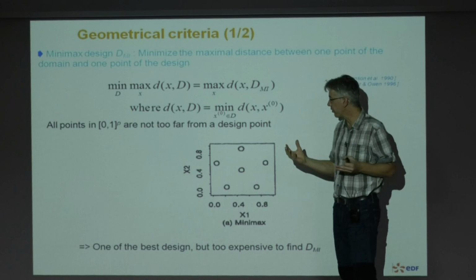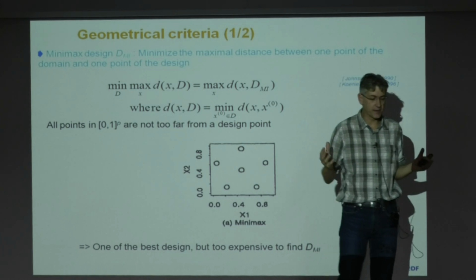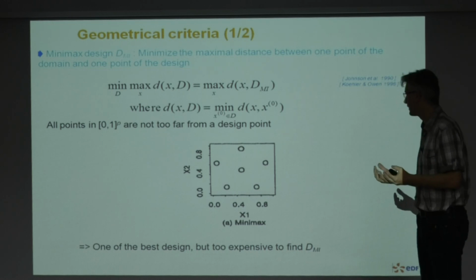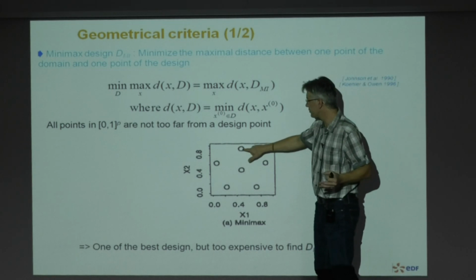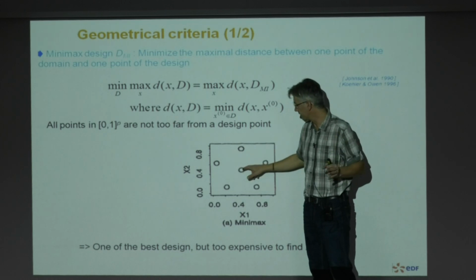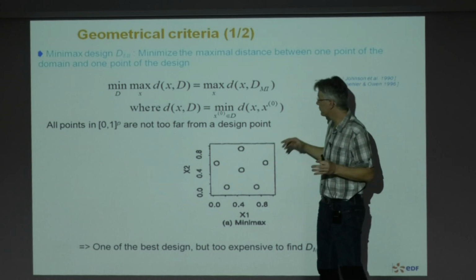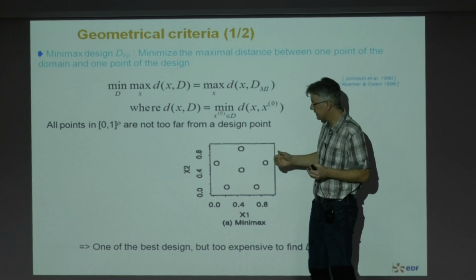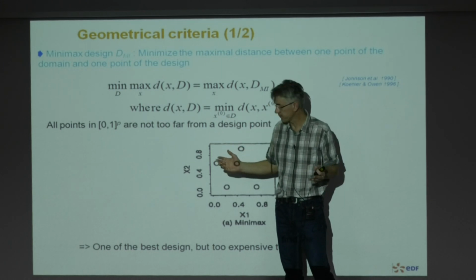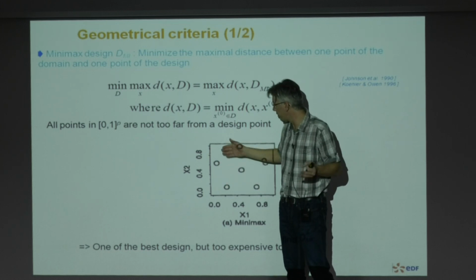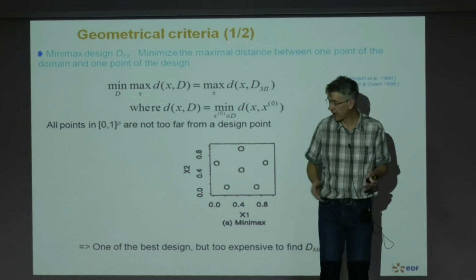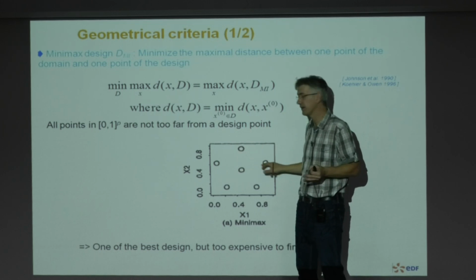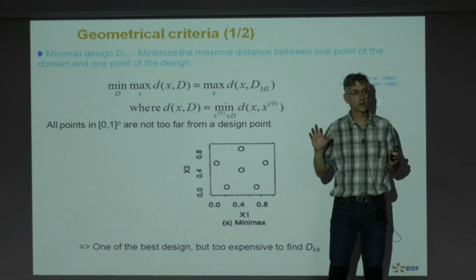A non-tested point is a point which is outside my design, and a tested point is a point which is inside my design. My design is a combination of my points, I repeat. Okay? So maybe I want to have the Graal. The best thing is that any point in the domain is not very far from a point in the design. Is it clear what I say?